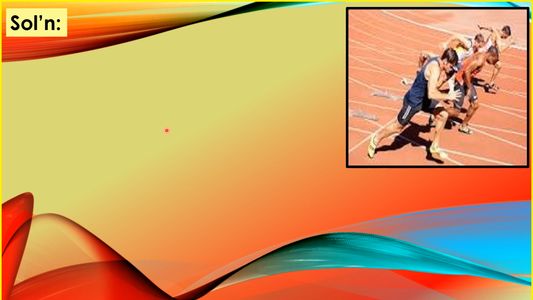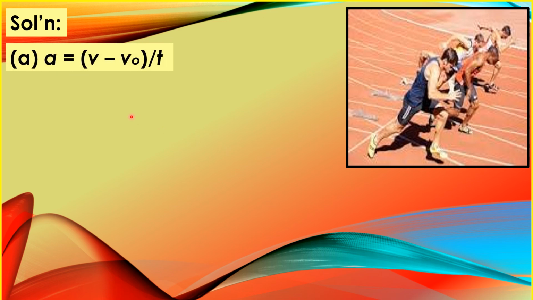In answering question letter A, we first determine the average acceleration of the sprinter when he started running from an initial speed of 0 until the time when he attains his maximum speed of 10.0 meters per second. This happened within a time of 2.0 seconds.